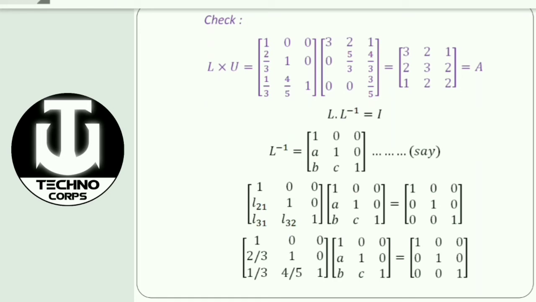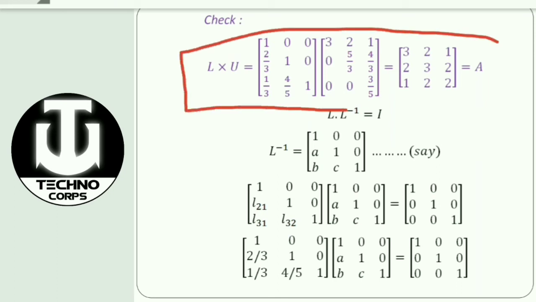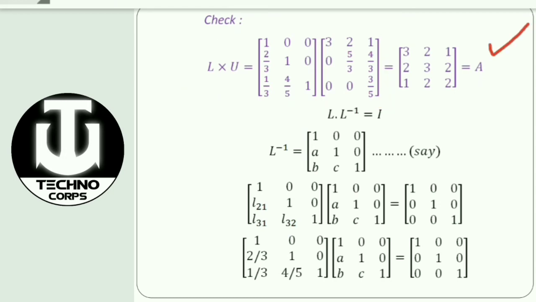Sometimes you may have a wrong calculation at any step, so it will give the wrong answer at the end. So after doing this much work, check whether L into U equals A or not. Okay, so at this step you should have a check.